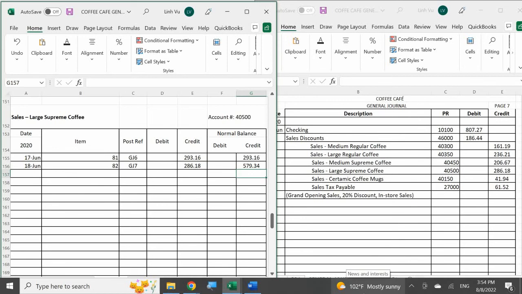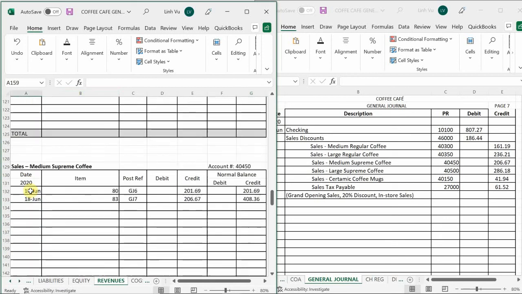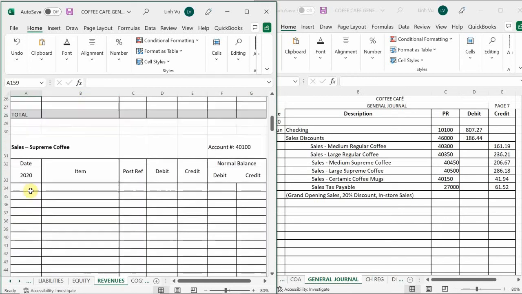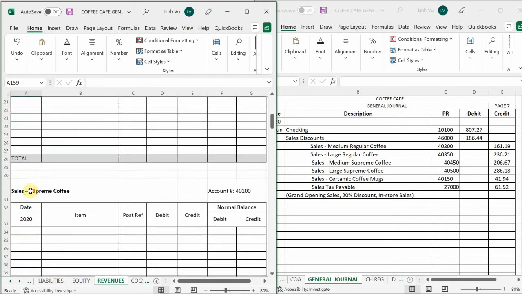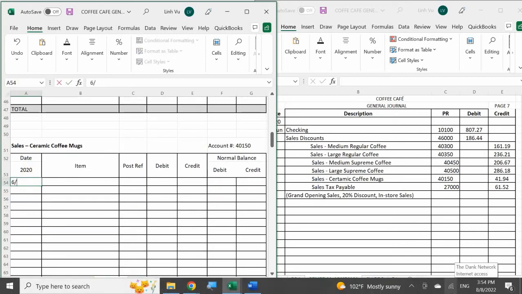And then we go to liabilities. Not yet, we still got one more. Oh yeah, of course, the ceramic mugs. Gotta go back up to the ceramic coffee mugs. How many did we sell? 6. Page 7, credit of $41.94.